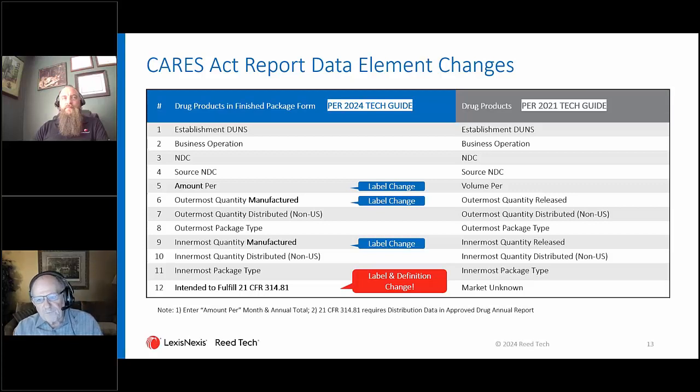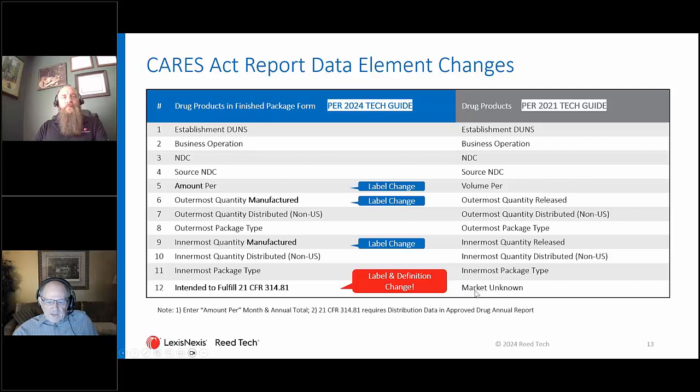Prior to 2024, if you submitted some data, and it was open for voluntary submissions, if you submitted data based on the 2021 tech guide, all those 12 fields are the same, except for 3 label changes, just minor label changes, word from volume per to amount per, or manufactured from at least, that sort of thing. But the last one, the 12th one, is quite different.